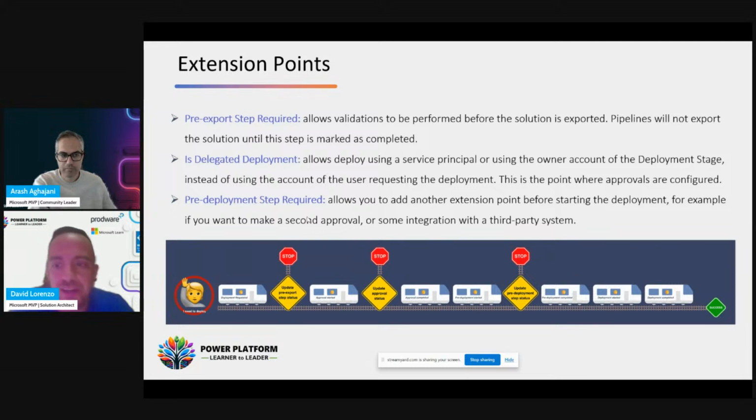Here the deployment has not been started yet, and we can add, for example, a second validation, a second approval, exporting the solution file to an external system, or connecting to an external API in order to do some validations. Everything we need, we can do it in this last business event.